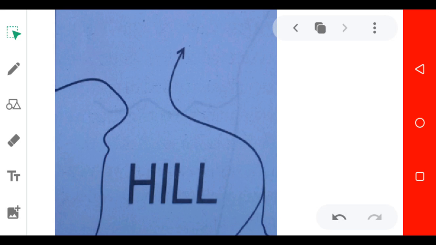Can you see a hill? The stream more or less encircles it. This is an example of an annular pattern. Now, this is where we are going to stop today.